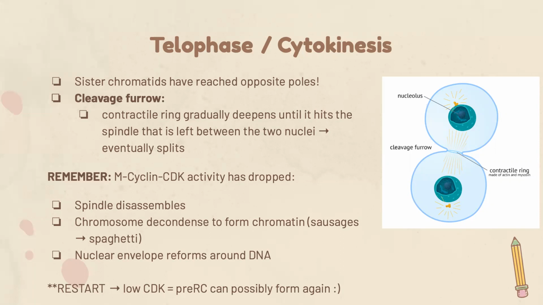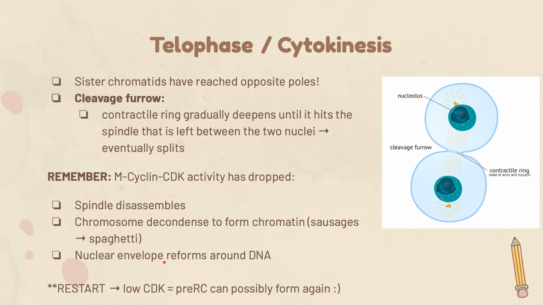But as a reminder, the cell cycle, it's called a cycle for a reason, right? So when you reach the end of the cycle, your M cyclin CDK levels have dropped. And that means your spindle disassembles, your chromosomes can start to decondense again. So now you're going from sausages back to spaghettis.